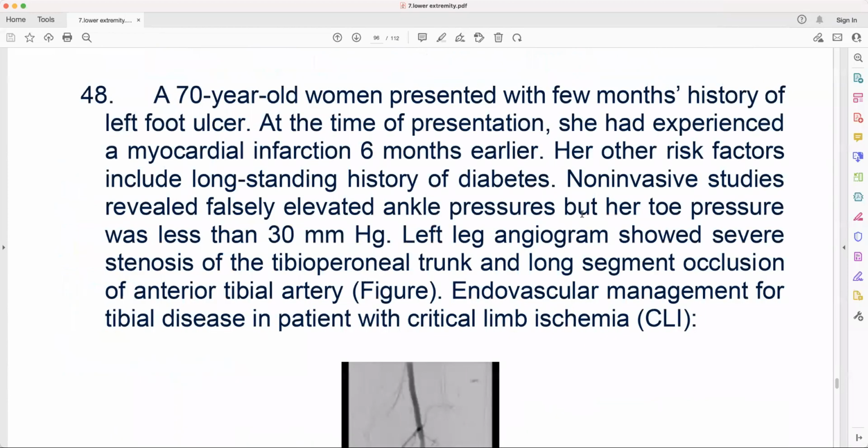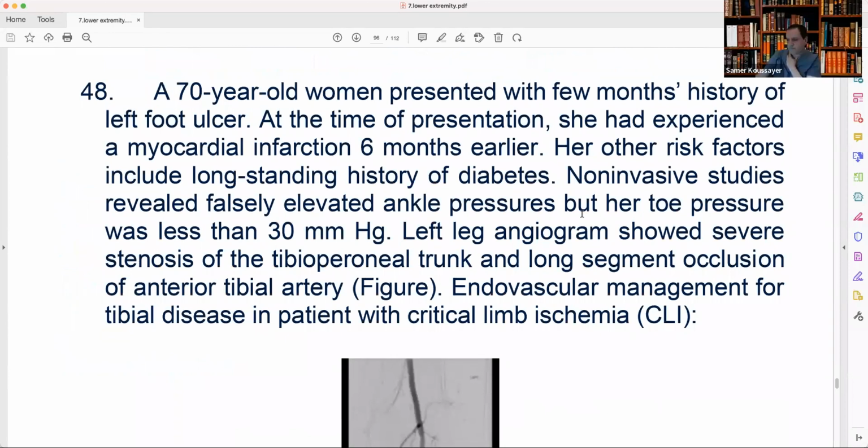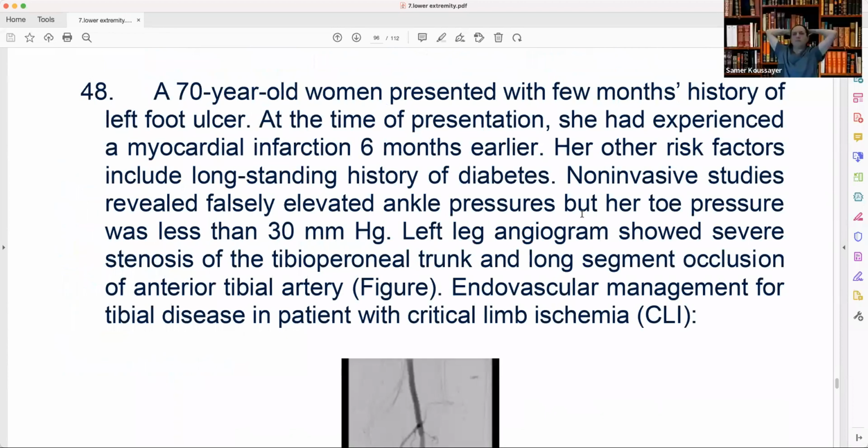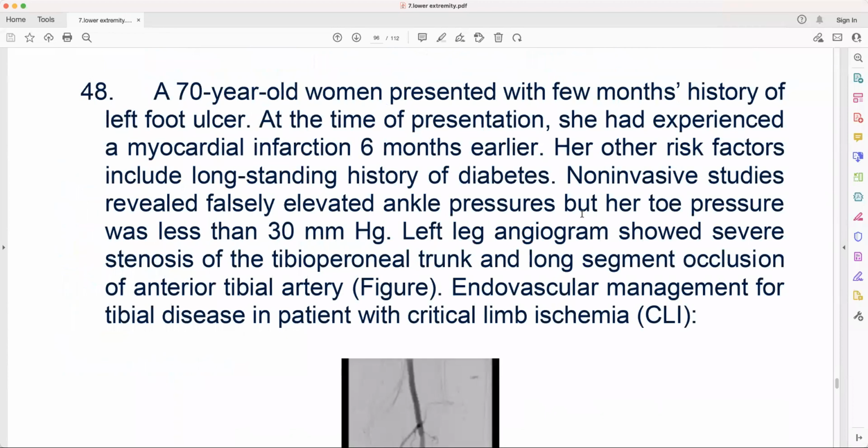48, a 70-year-old woman presented with a few months history of left foot ulcer. At the time of presentation, she had experienced a myocardial infarction 6 months earlier. Her other risk factors include a long-standing history of diabetes. Non-invasive studies reveal a falsely elevated ankle pressure, but her toe pressure was less than 30.